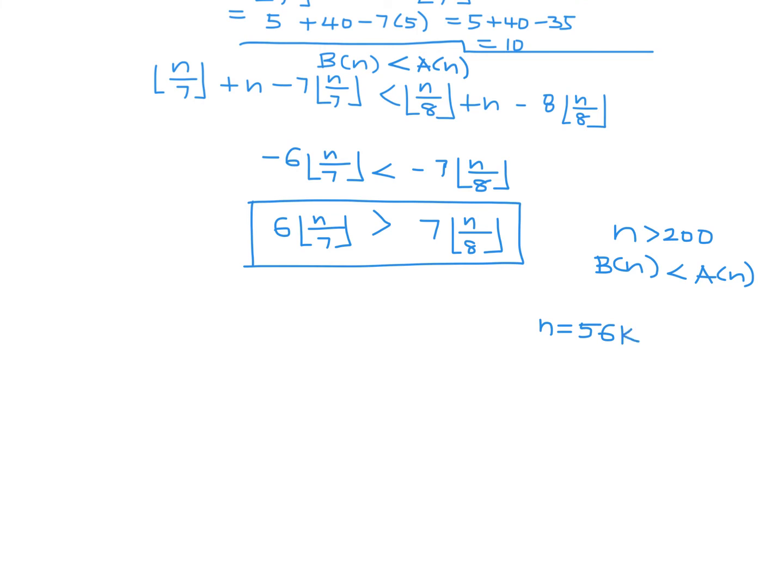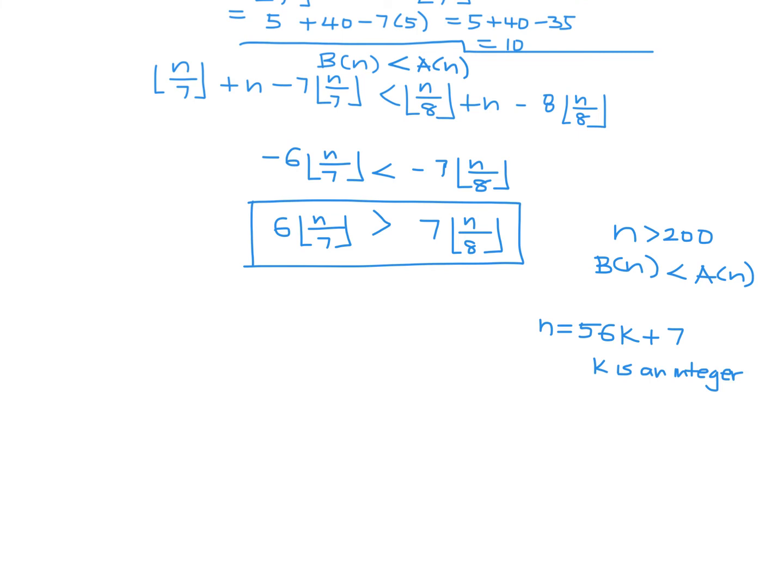So 7 times 8 is 56, right? But it doesn't necessarily need to be. It could be a multiple of 8, or it could be a multiple of 7. So n equal to 56k plus 7, where k is some integer, is a very reasonable substitution to make, and it will help us in order to figure out what n is.